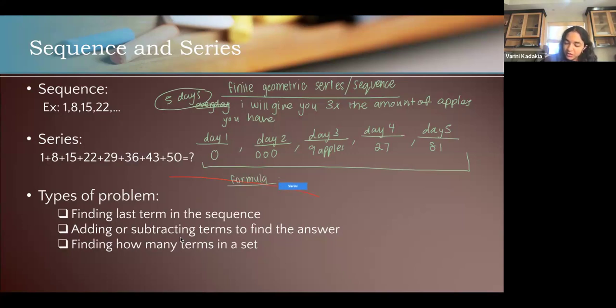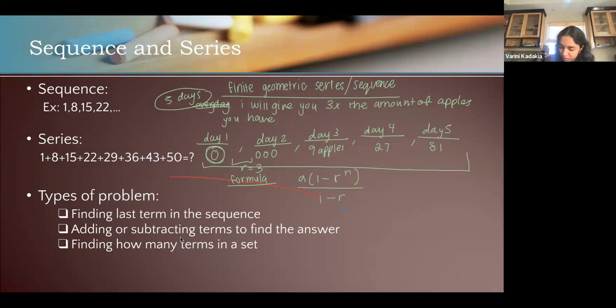It'd be the first term in the series, so that would be like 1 in this case, times 1 minus r, which was the common ratio between the two. So in this case, r would be 3 to the nth power, where n represents the number of terms, over 1 minus r.